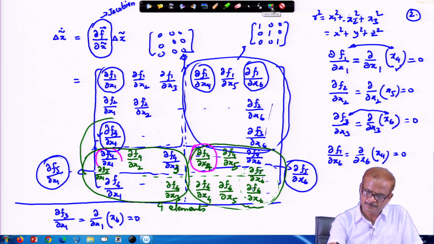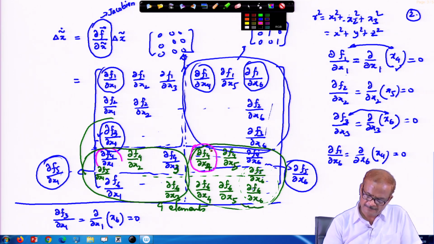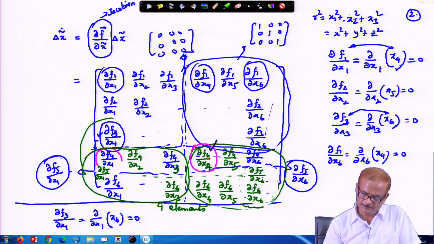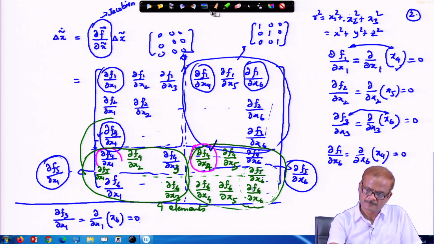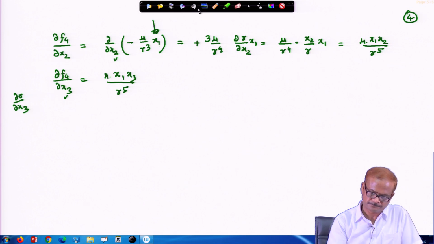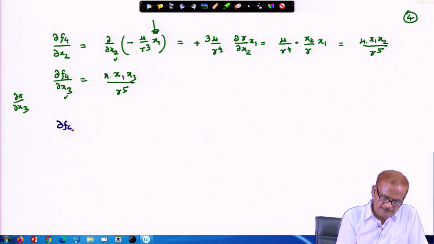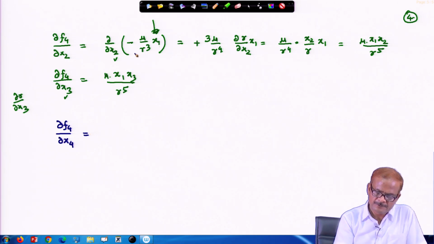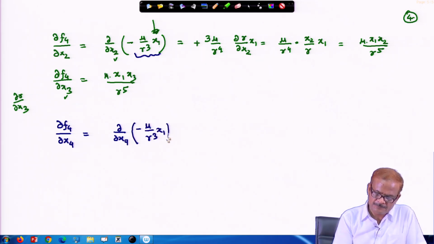Okay. So, we were working with this particular term ∂f4/∂x4. So, f4 is this quantity, mu by r cube x1.